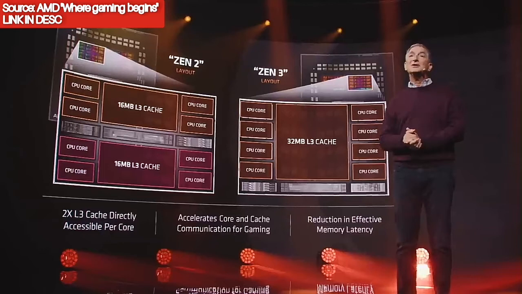So if that one core uses up that 16 megabytes of cache, then it can't access the lower 16 megabyte cache. So Zen 3 fixes that by putting all the cores in a single 32 megabyte cache.